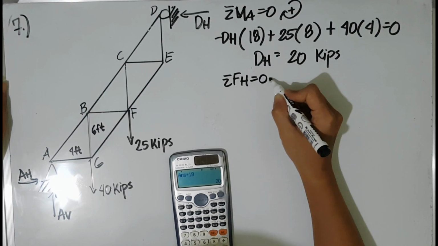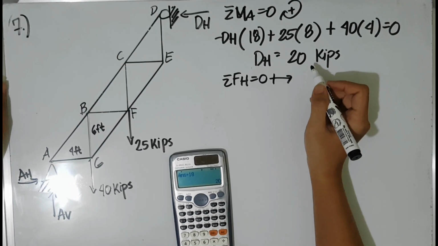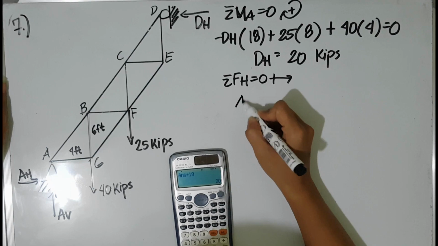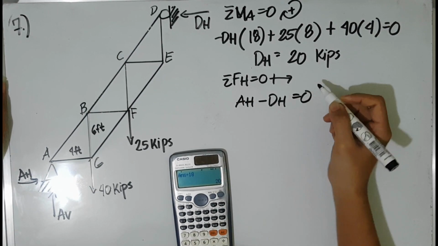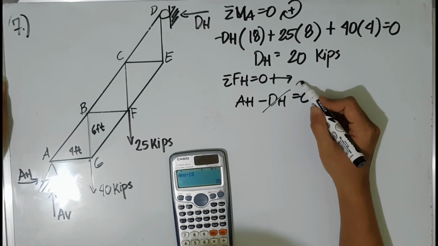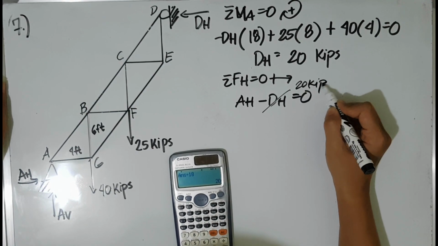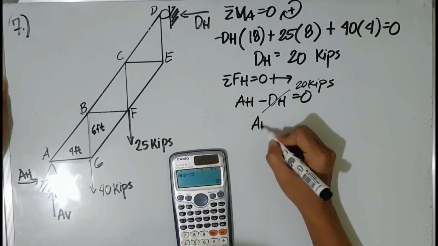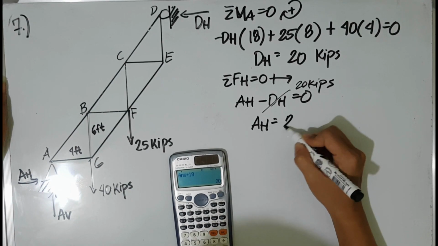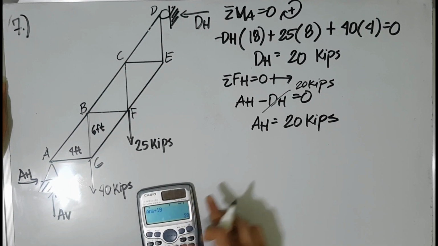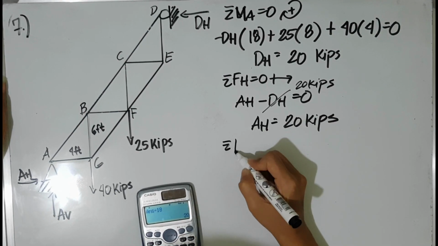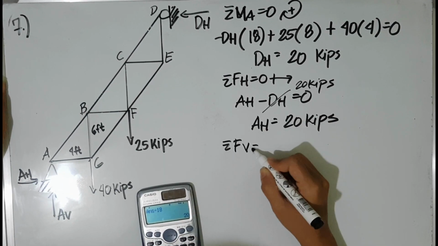And then taking the summation of forces equal to 0. Our summation of forces horizontal is equal to 0. Right direction is positive. So AH minus DH is equal to 20, and then our DH is equal to 20 kilopounds. Therefore, our AH is also equal to 20 kilopounds.